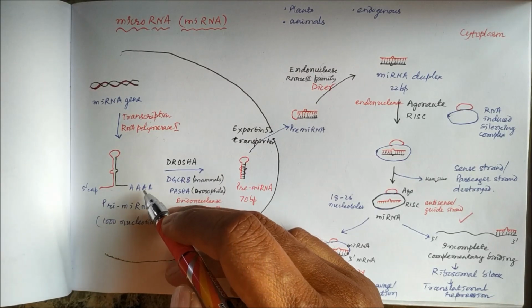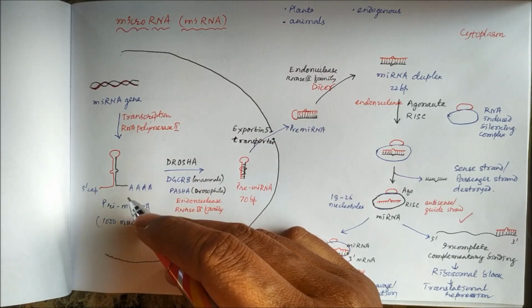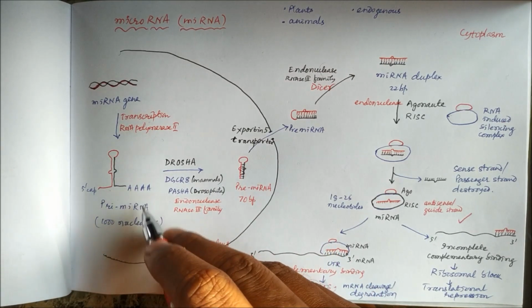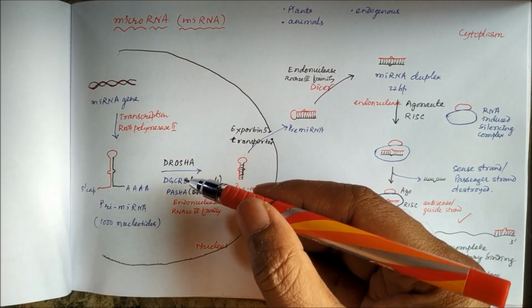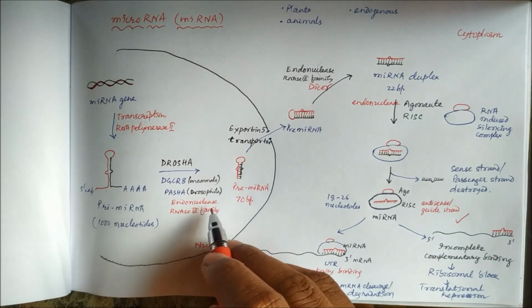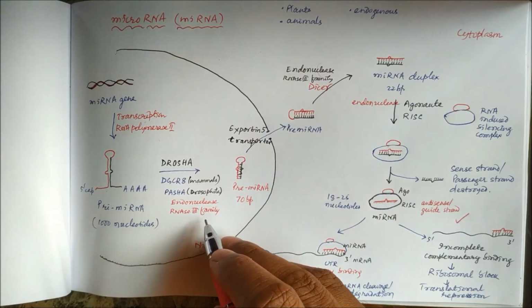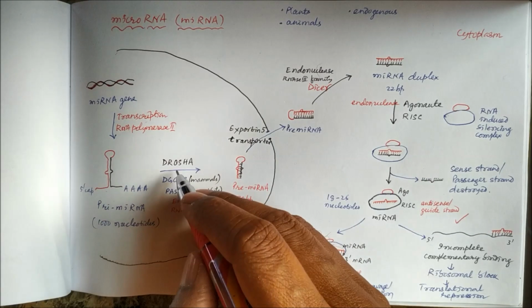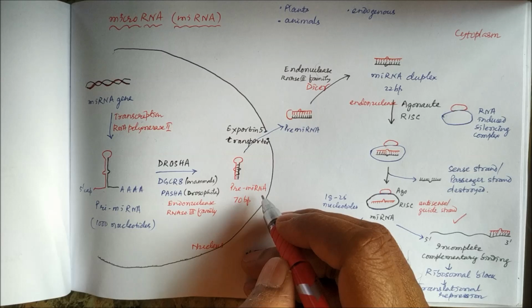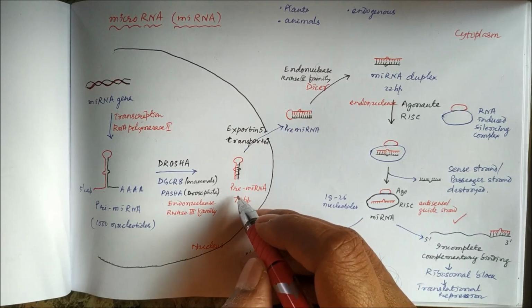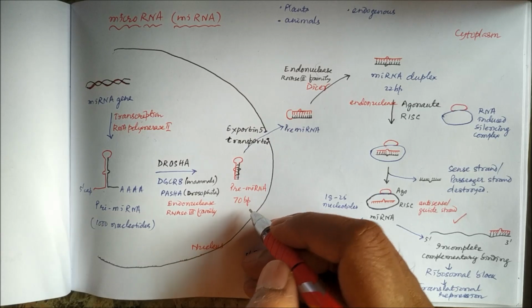At one end it is adenylated, at the other end it is 5' capped, and this primary microRNA will now be cleaved by an endonuclease, a member of the RNase III family, Drosha, to the precursor of microRNA, or pre-microRNA, which is of 70 base pairs.